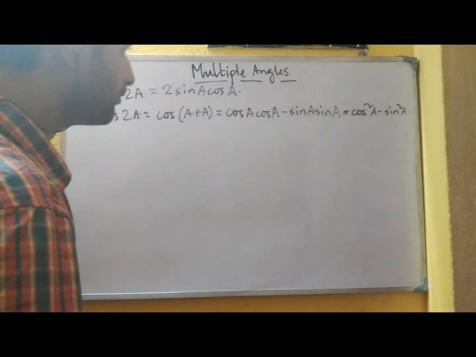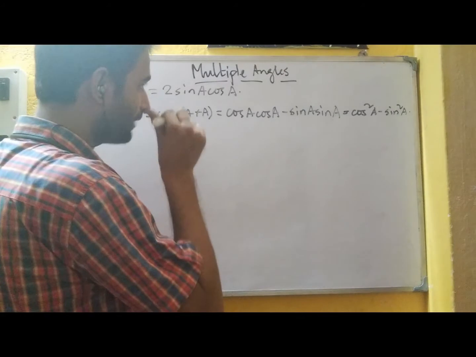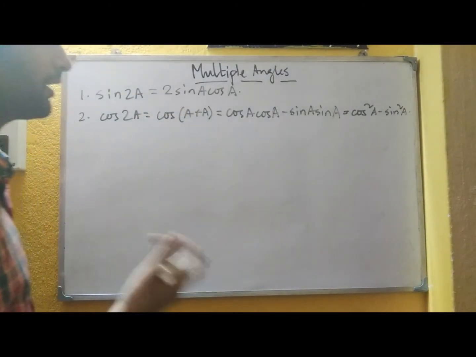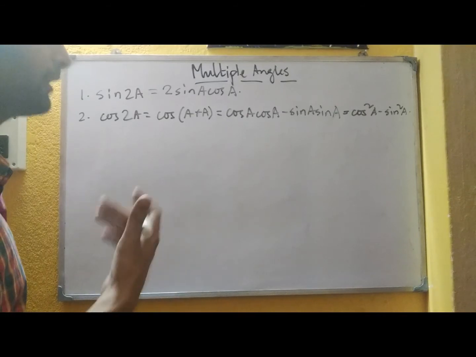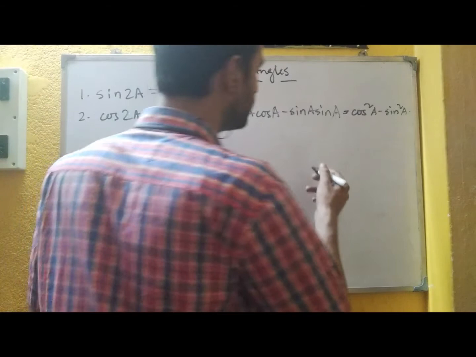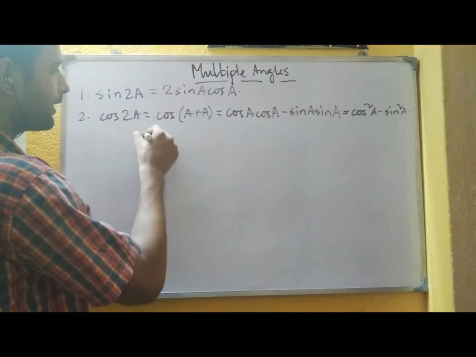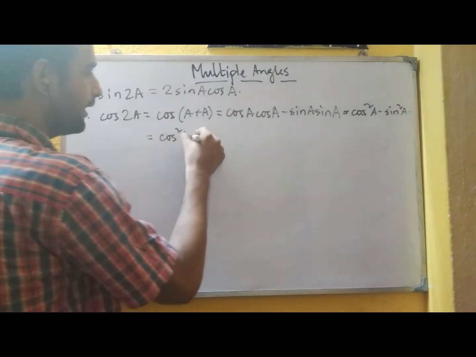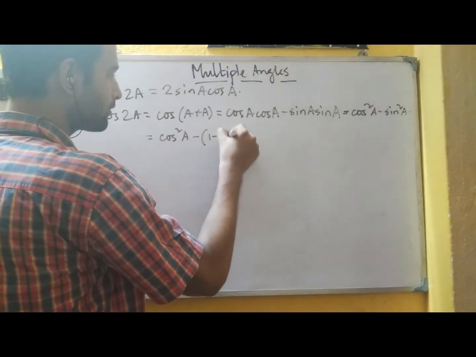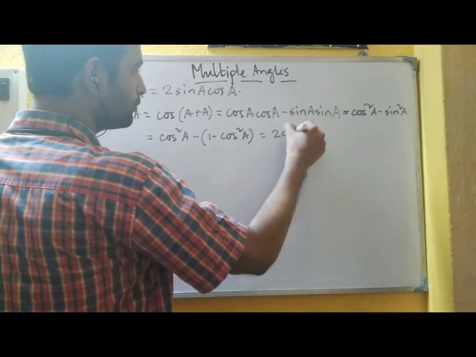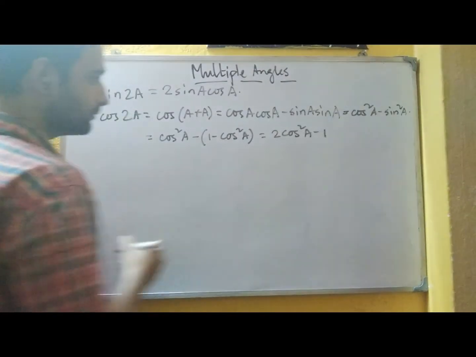Now sometimes we require this expression cos square A minus sine square A completely in terms of cos, or completely in terms of sine. So if you need it in terms of cos, we can write cos square A as it is and sine square A as 1 minus cos square A. Then it will reduce to 2 cos square A minus 1.